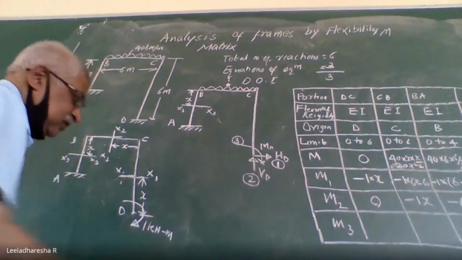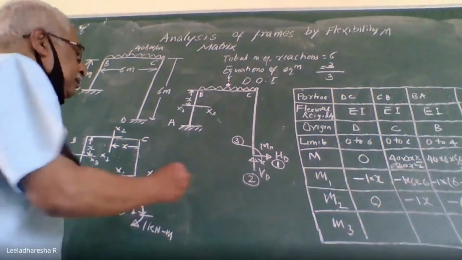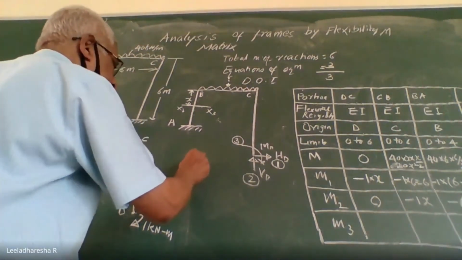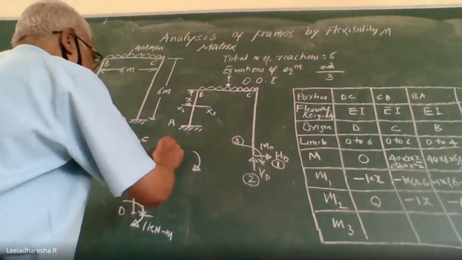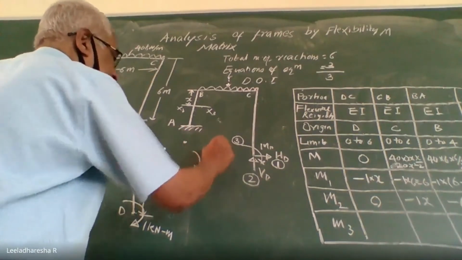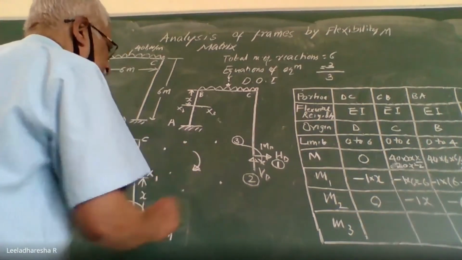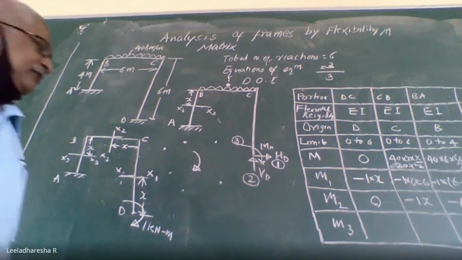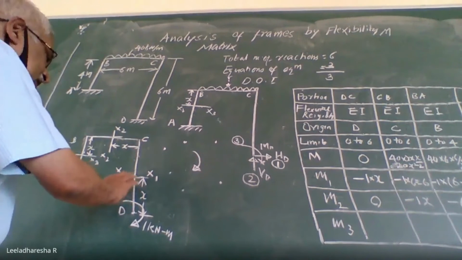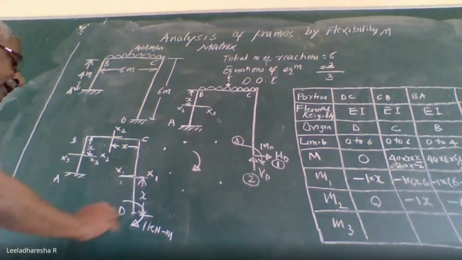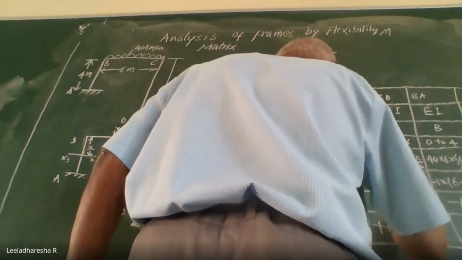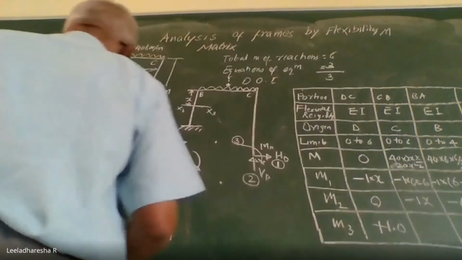In your elements of civil engineering, you are studying: if a body is subjected to a couple, its effect is the same whether you take the point here or anywhere. So this can be proved for a couple. Therefore, the moment at section x1 is equal to +1.0.